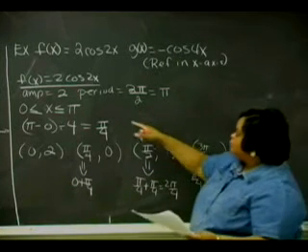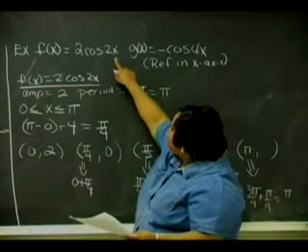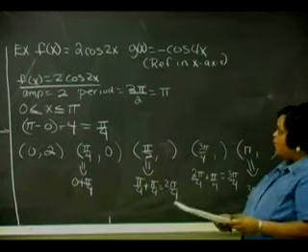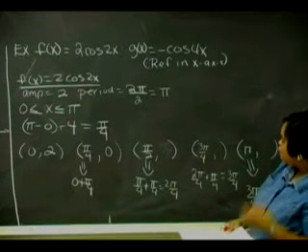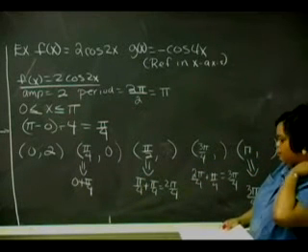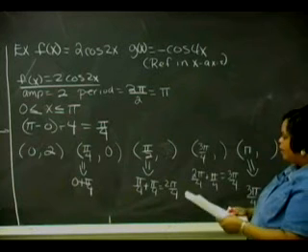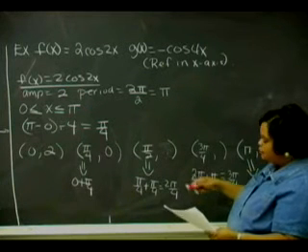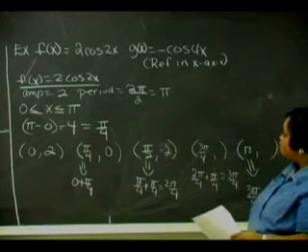At pi over 2, 2 times pi over 2 is pi. What's cosine of pi? It's negative 1, and times 2 it's negative 2.